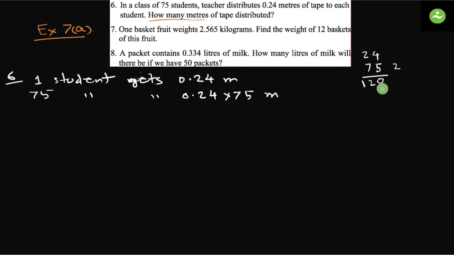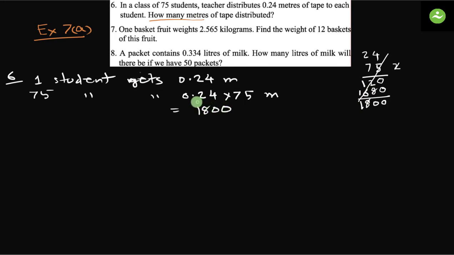Now leave this or put a 0. 7 into 4, 28. 8 here, 2 in hand. 7 into 2, 14. 14 and 2, 16. Just add: 0, 8 and 2, 10, 6, 1 and 1, 8, 1. 1800.